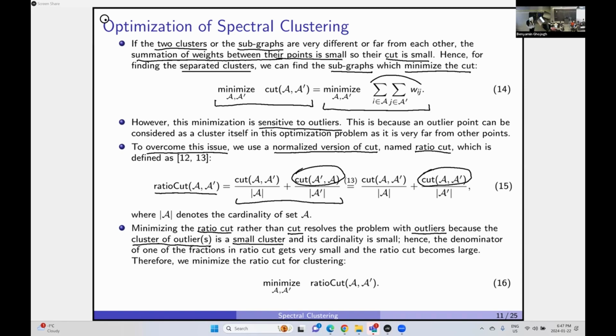It's a small cluster and its cardinality becomes small. When its cardinality becomes small, it will blow up the normalized cut, because the denominator will be small and the fraction becomes very large. And we want to minimize the ratio cut. Did you get it? Okay, now we minimize the ratio cut.